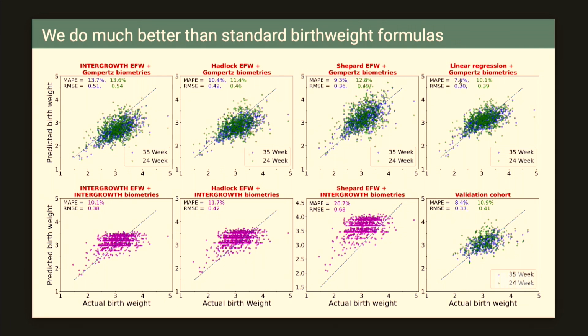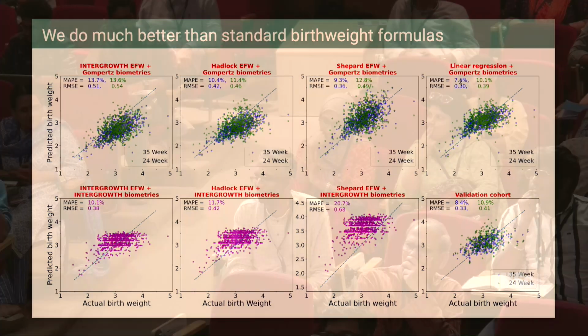That's not the ultrasound formula, it's a different formula. They have birth weight prediction formulas, so we used those. And actually for Hadlock and Shepherd, it's not too bad, but we do measurably better.